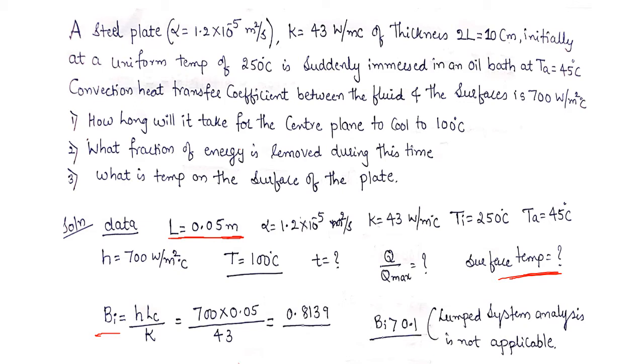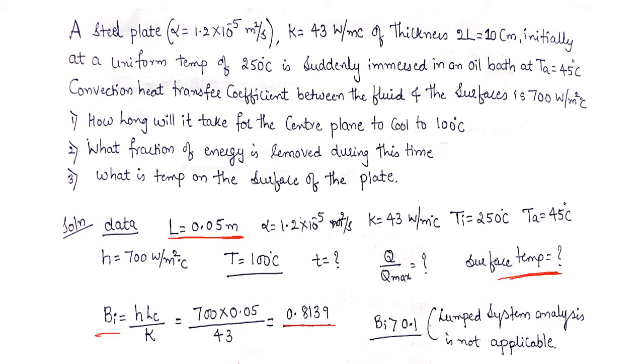So h is already given, 700 watt per meter square degree centigrade. Lc we have already calculated, divided by 43. So we have got the value of the Biot number as 0.8319. In the previous problem, we first calculated the Biot number and it was less than 0.1, so we used lumped system analysis.